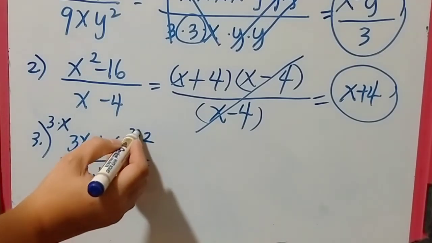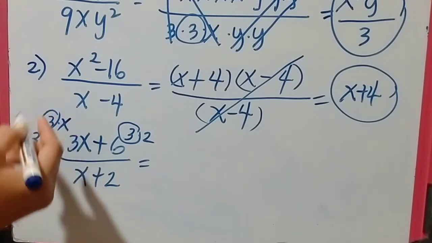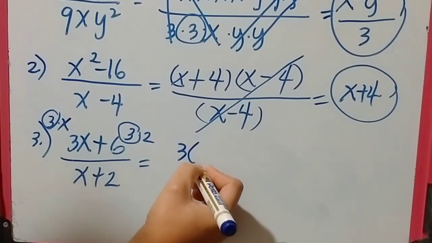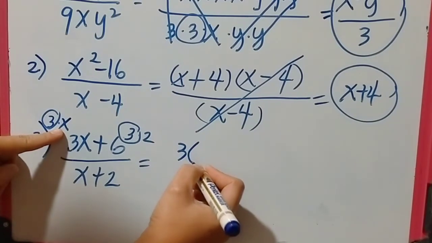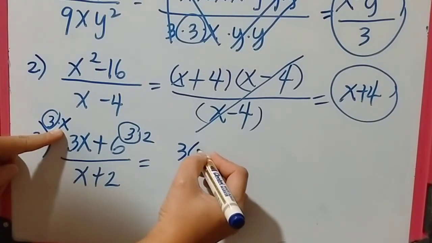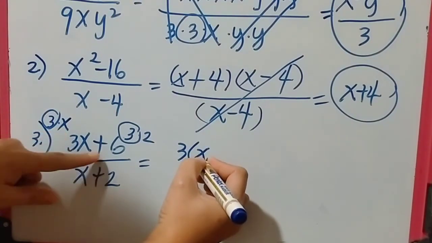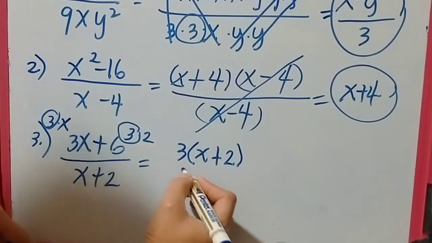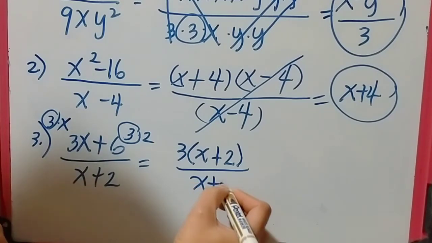So obviously, the common monomial factor here is 3. So let's take out 3 and put the remaining, non-common factor inside the grouping symbol, x plus 2, all over x plus 2.